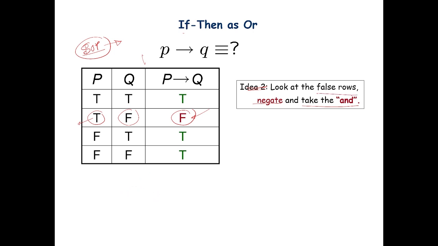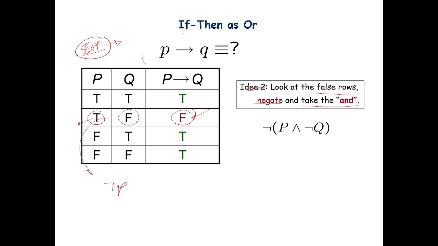So look at the false rows, negate and take the and. So this becomes not P, and this should be not P or Q. Negate and take the and. Like I was doing before, I was going through the character approach.